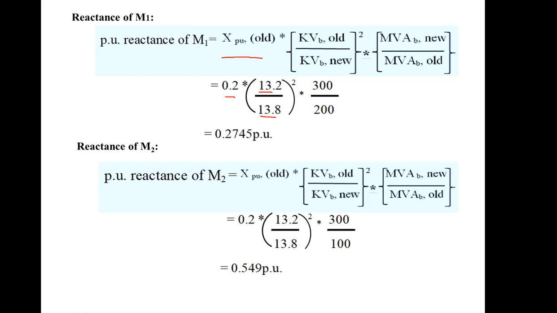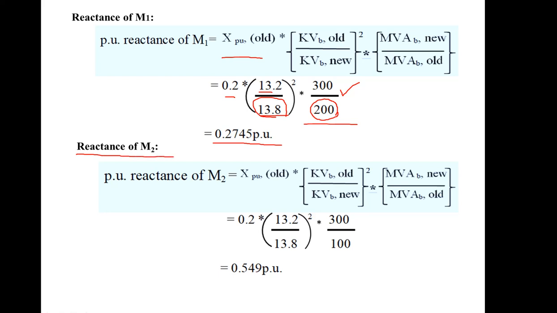The old MVA is 20, given in the single line diagram. So always the old value is given, and the new value is obtained from the previous data. After calculating and cancelling the values, we get 0.2745 per unit.